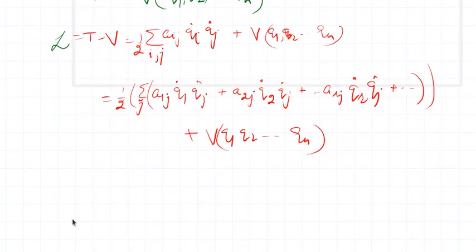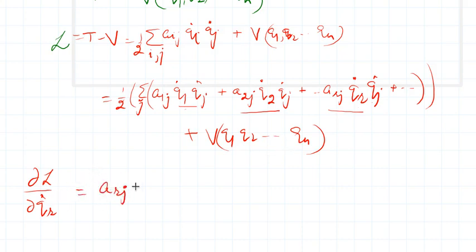Now, if I take the partial derivative of the Lagrangian with respect to Qr dot, no term containing Qr dot is there in the other terms, so their derivative will be 0, but for this term the derivative will be 1, keeping these two constants, and the derivative of the potential will also be 0. So it comes out to be Arj Qj dot, right? The rest of the terms will become 0, and this is equivalent to Pr.